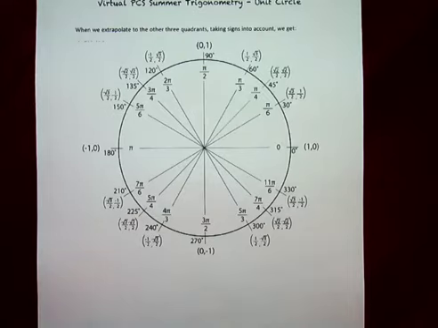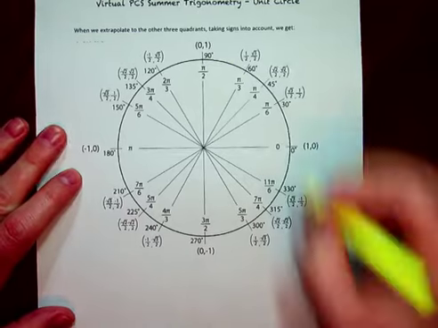But basically, notice that all of the points that have a reference angle of 30 degrees all have the same x and y coordinates, with the exception of positives and negatives, right?